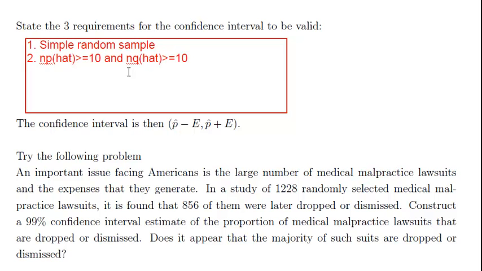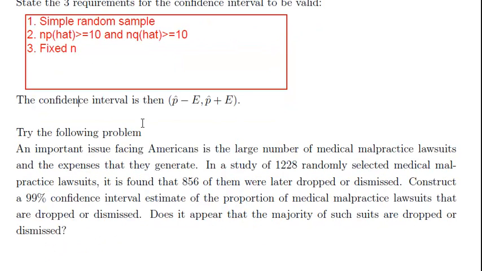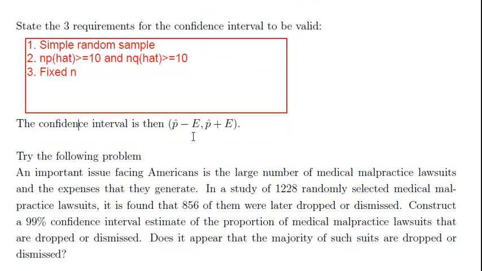So it's a sample size requirement. And then also there has to be a fixed number, we'll just say fixed n. So you have a fixed sample size. So those are the three requirements for the confidence interval to be valid. The confidence interval formula is p hat plus or minus your margin of error. So you get a lower bound and then an upper bound.